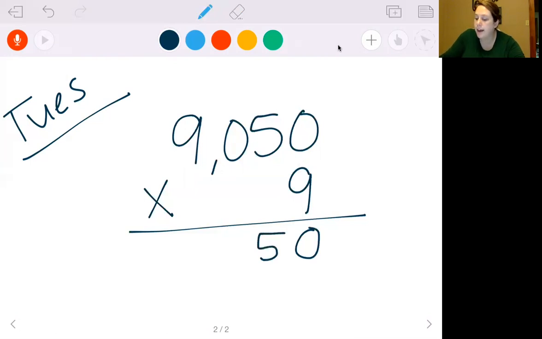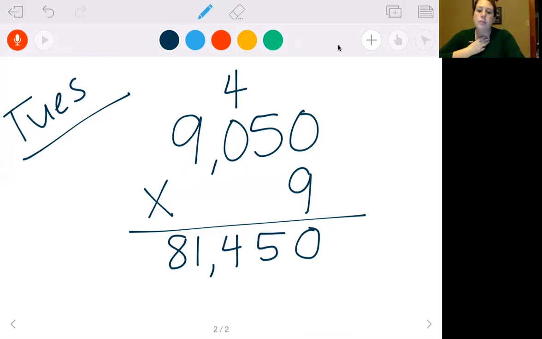I'm going to put my 5 and carry my 4. 9 times 0 is 0. 0 plus 4 is 4. And 9 times 9 is 81. 81,450. Quick side note, if this was money, all you would have to do is put your money sign. If you see some today that are money, that's no different. You just put your symbols.